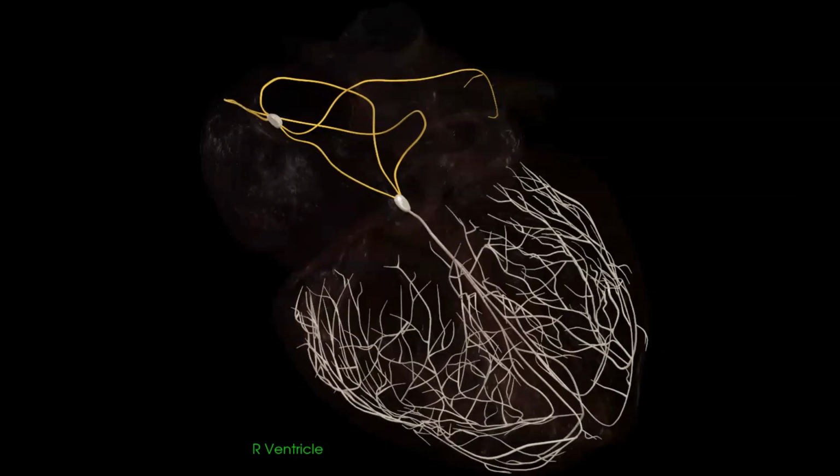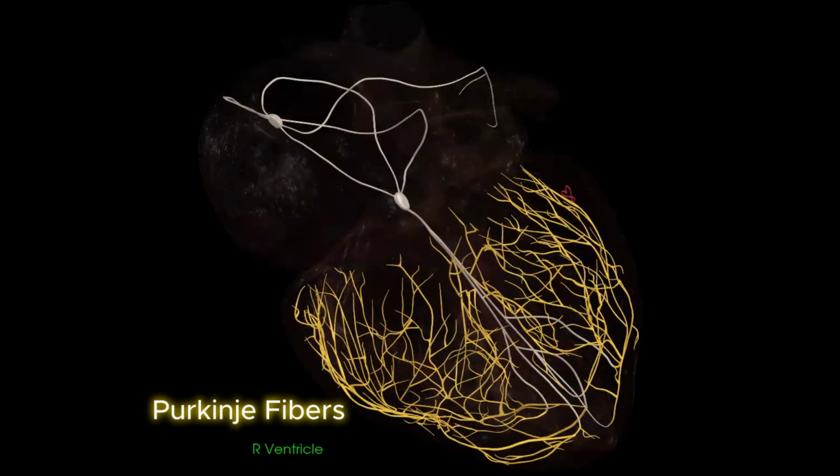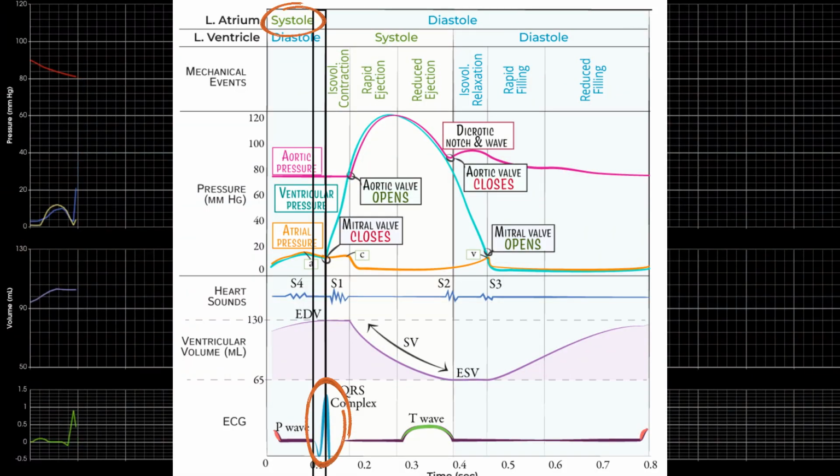After atrial excitation, the electrical impulse will travel through internodal fibers to the AV node, pass through the bundle of His into the bundle branches, and is finally distributed throughout the Purkinje fibers to stimulate the ventricles. All of this happens as the atria continue to contract, and by the time ventricular activation has been completed, atrial contraction has also finalized.